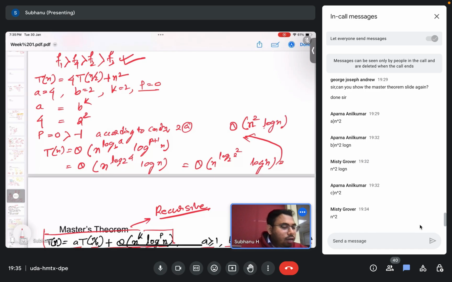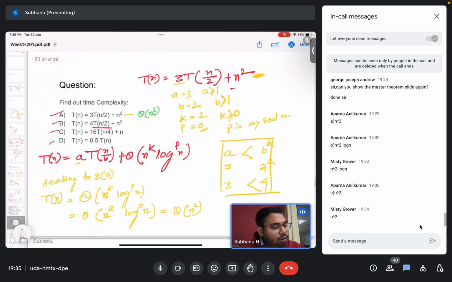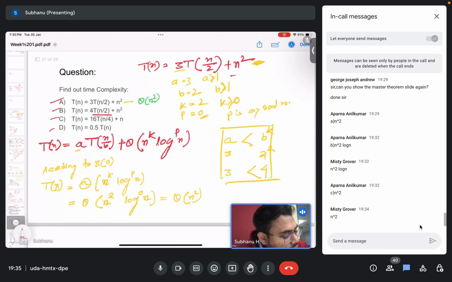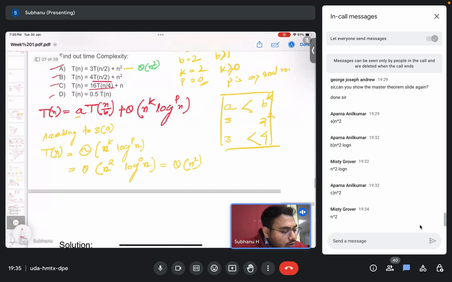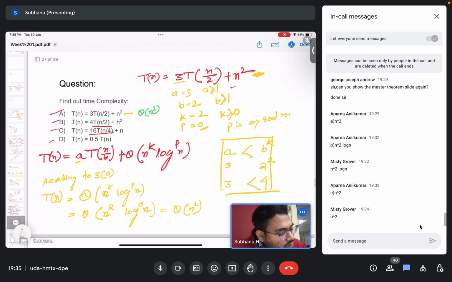Now quickly come to the C part. C is basically T(n) = 16T(n/4) plus n. I'll show you in which condition this is falling.